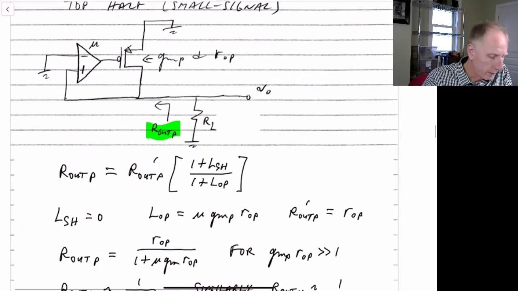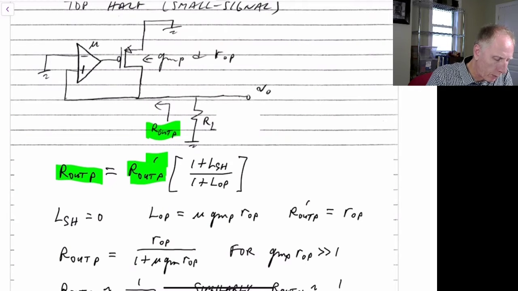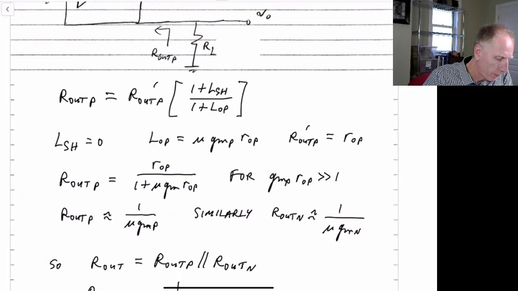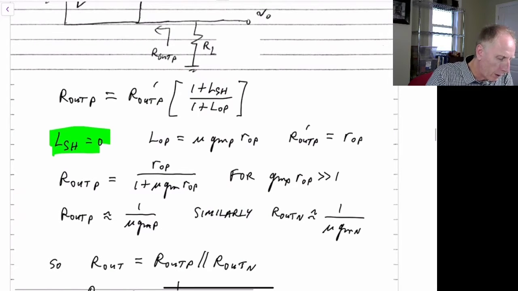We can use feedback, and we can say that the output impedance, Rout P, will equal the impedance we see when we open the loop, times 1 plus the loop gain when that port is shorted, divided by 1 plus the loop gain when that port is open. We've seen this in the feedback video in the notes. When we short that loop, the loop gain goes to 0.